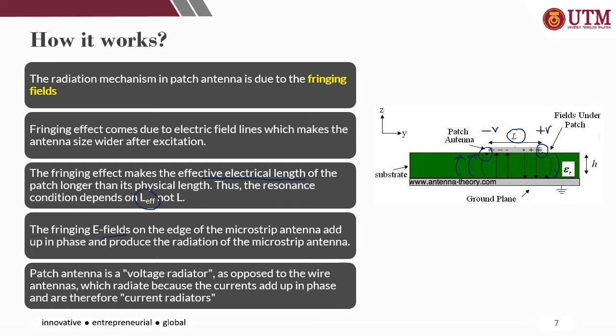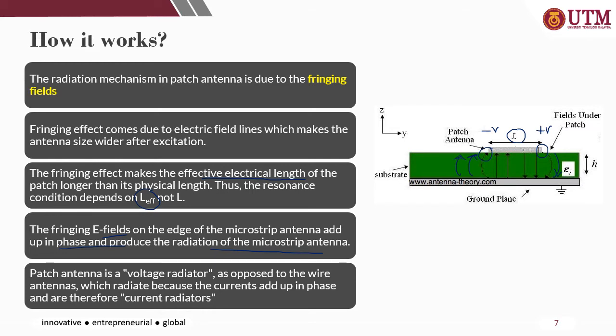So the fringing fields at the edge of the microstrip antenna add up in phase and produce the radiation of the microstrip antenna. So besides the E field at the edge of the structure, there are also currents that add up in phase on the patch and also on the ground plane.